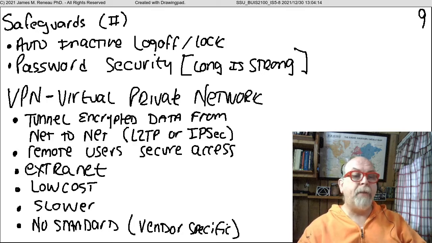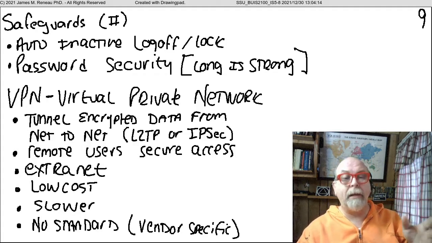There's another safeguard known as a virtual private network. And actually, it's not really a safeguard, but it's one of the ways that we can extend our private network to employees or to customers outside of our direct control.